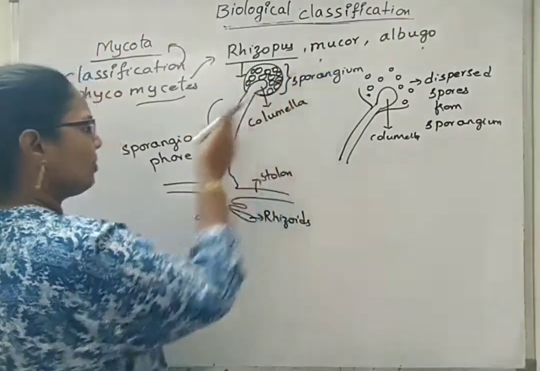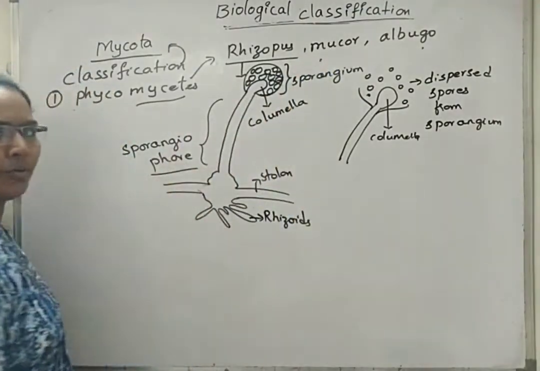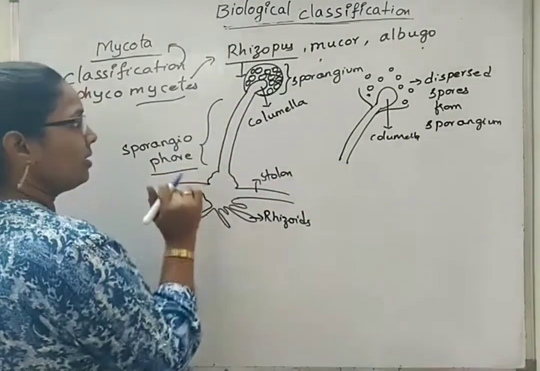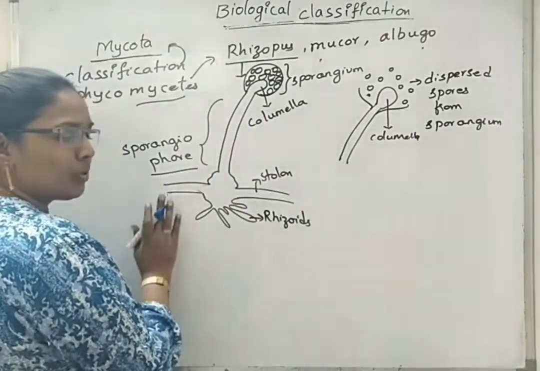There are stolons in Rhizopus, and there are rhizoids in Rhizopus.